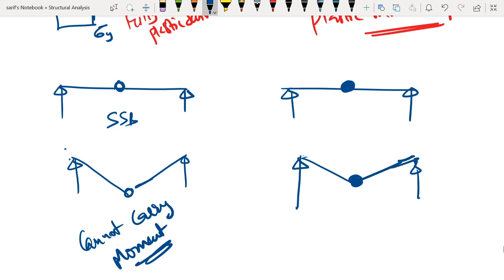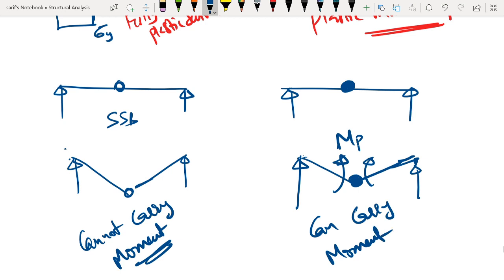However, at the same time, it is also capable of carrying moment that is equal to the plastic moment. So this can carry moment which is known as the plastic moment. So both can rotate at very large magnitudes. However, the internal hinges are not capable of carrying moments, whereas plastic hinges are capable of transferring moment. That is the difference between an internal hinge and a plastic hinge.